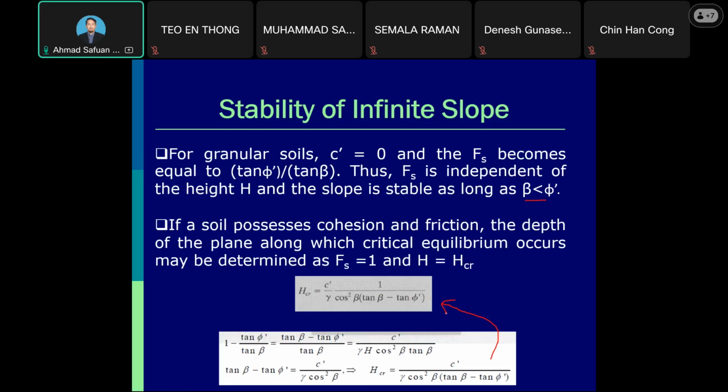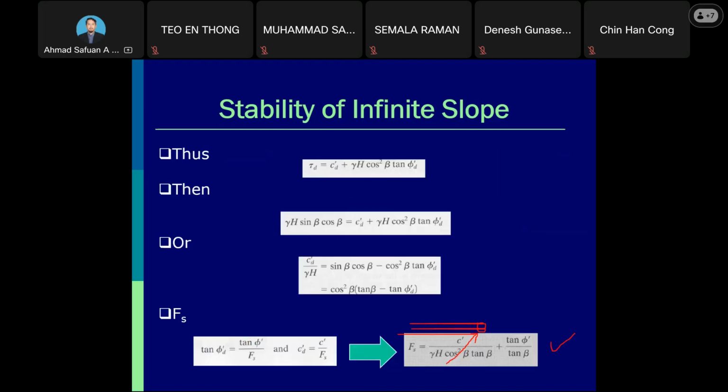Then this equation can be used to determine the critical height for the slope where the groundwater level is far from the slope.